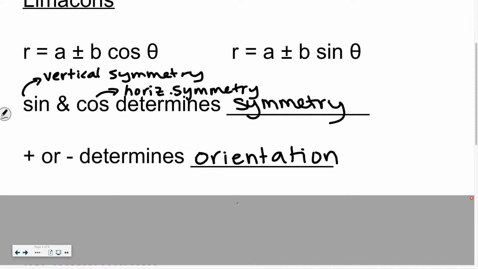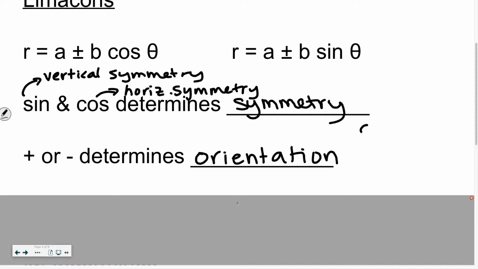Like I have over here on this sideboard, here's a cosine theta circle with a positive a because it's to the right of the vertical axis. And here's a cosine theta circle with a negative a because it's on the left side. So positive meant right for cosine, negative meant left. And if it was sine, positive was up and negative was down for the circle.